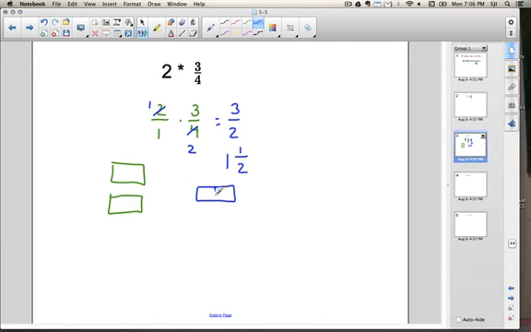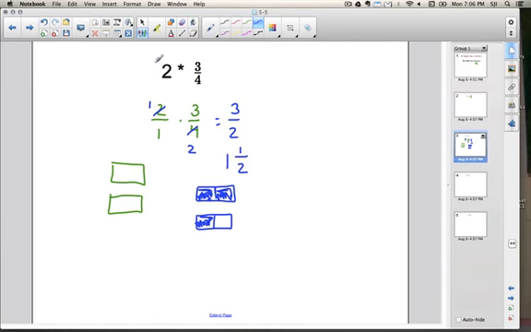Here's our first rectangle cut into halves, and here's our second one. Because remember, we have 3 halves. Here's 1/2, here's another half, and here's our third half. So one way to say that is that you have 3 halves, and another way to say it is that you have one whole piece and half of another piece. So these two things are the same.